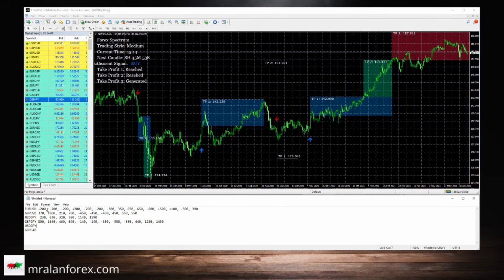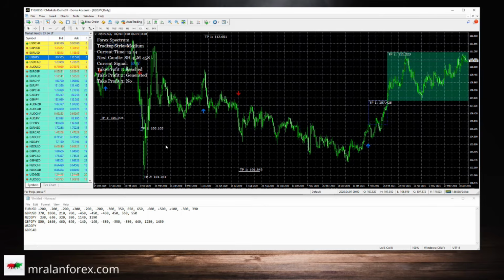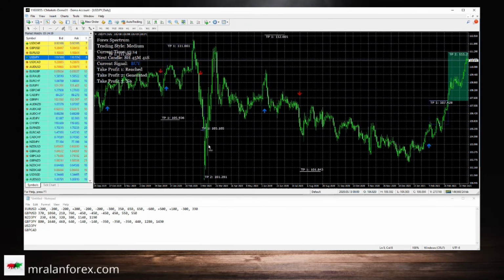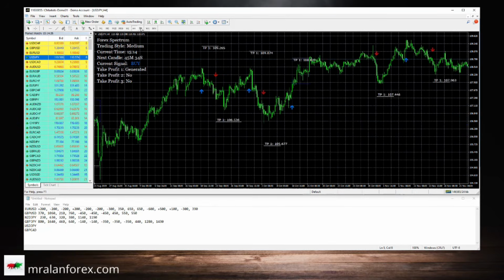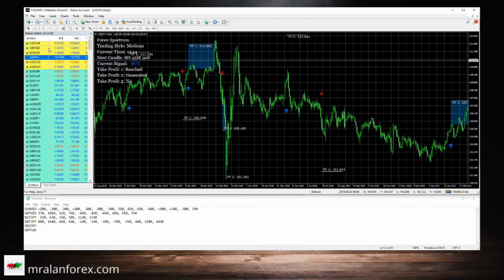Okay, so then we've got dollar yen. Let's go back to January. Just going to reset the chart. So these look like our first trades, and the first trades are not great.